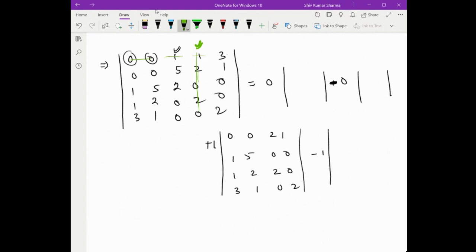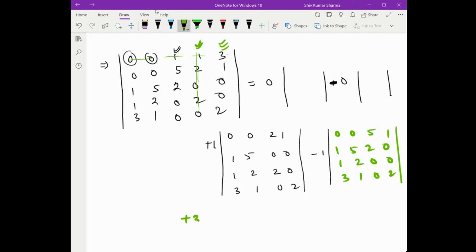So we write 0 0 0 0 5 1 1 5 2 0 and 1 2 0 0 and 3 1 0 2. So this is for this element.